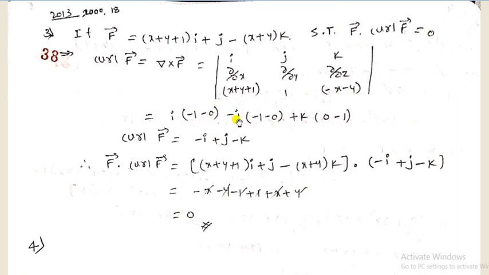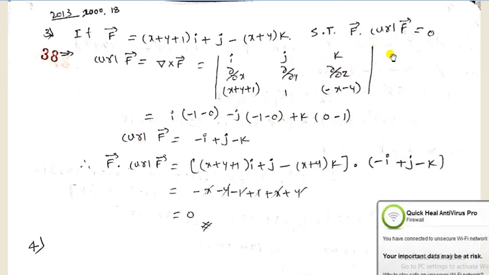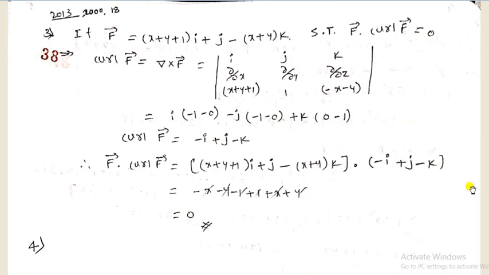Sign of j is minus, dou by dou x of minus x minus y is minus 1, dou by dou z of x plus y plus 1 is 0 because it does not contain any z term. And last one is plus k, dou by dou x of 1 is 0, dou by dou y of 1 is 1. So we get minus i minus into minus plus j minus k, which is the curl of f here.